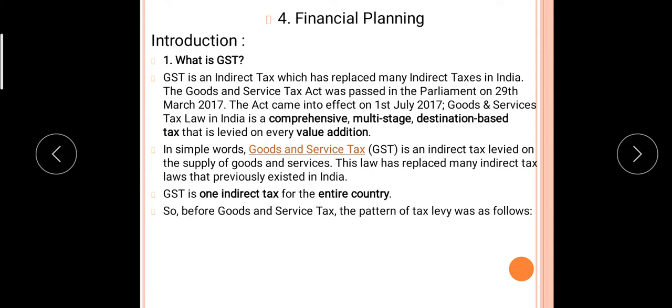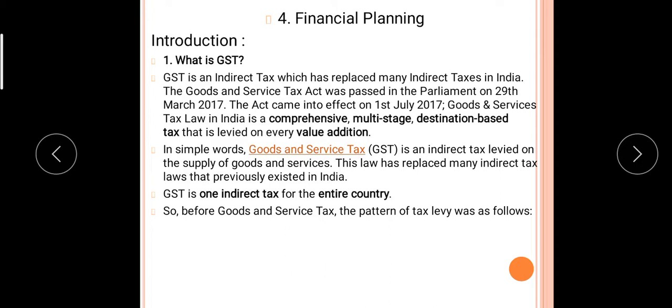This law has replaced many indirect tax laws that previously existed in India. Before 1st July 2017, we paid multiple taxes to the government, and those are replaced by one indirect tax, that is GST. GST is one indirect tax for the entire country. In the whole country it is the same.